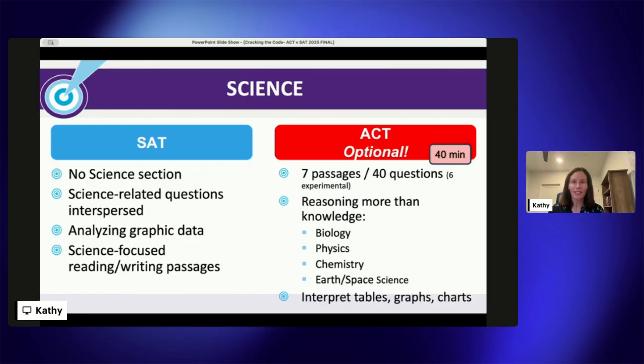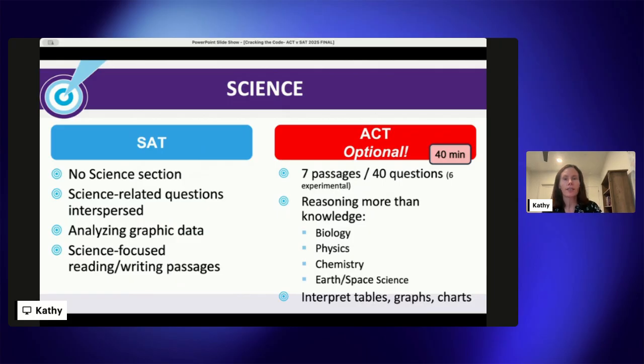And I've seen this when I've done some of the practice tests. You're reading a really dense, again it's short but dense, passage, and you're wading through perhaps a report on a scientific study or something of that nature. So again, science isn't tested directly or explicitly on the SAT, but those skills are interwoven in both sections of the test. ACT does have a separate science test.